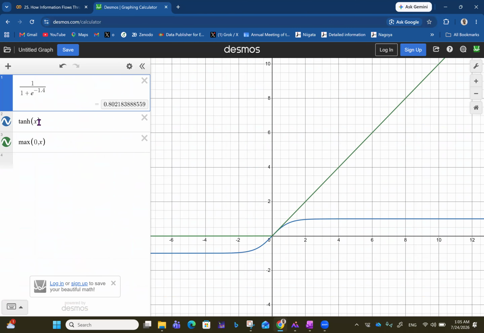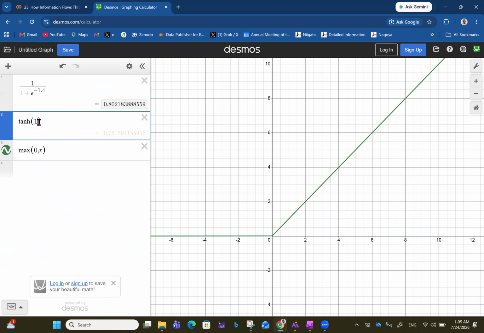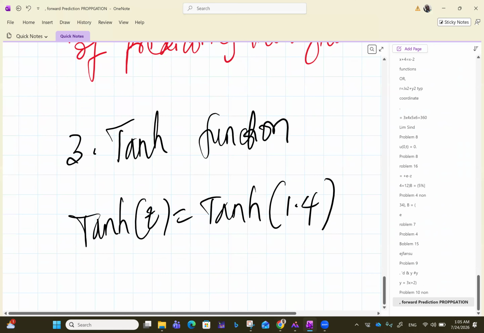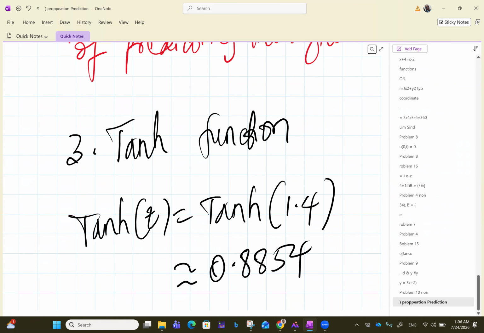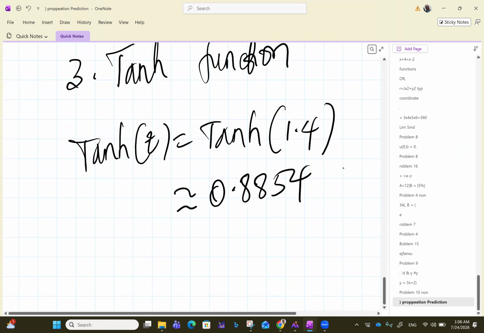Tanh of 1.4 is 0.8854. So Tanh 1.4 is approximately 0.8854.